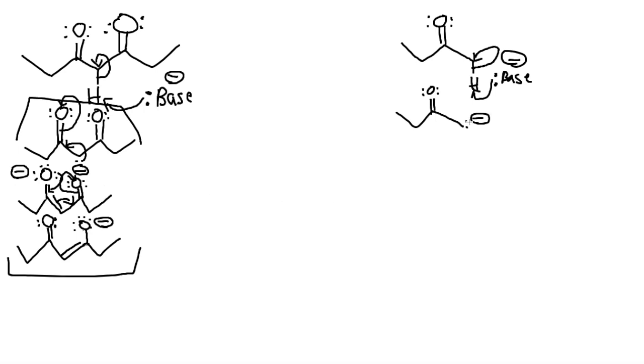Now the same thing for this one. You see that this lone pair right here can go on top of this, forming a double bond. Then this double bond can form a lone pair on this oxygen.